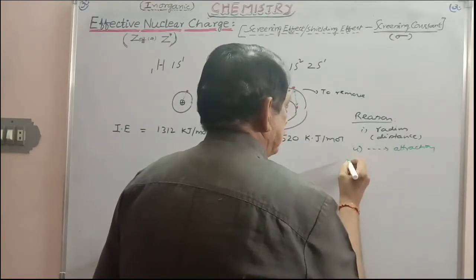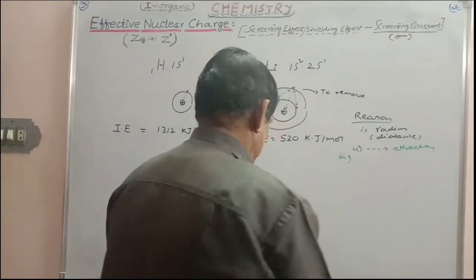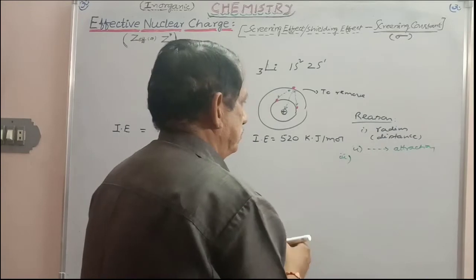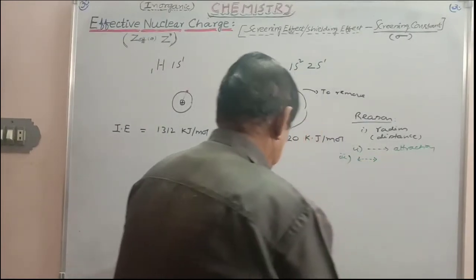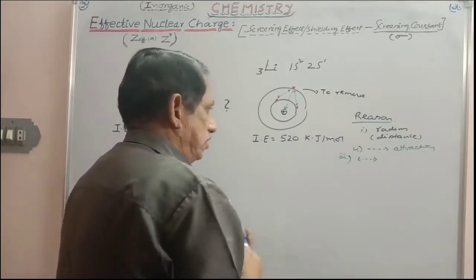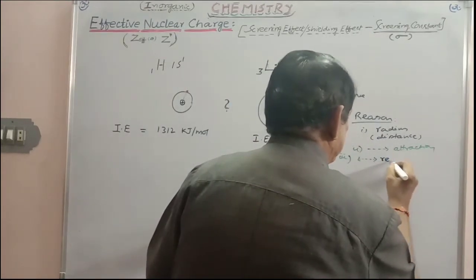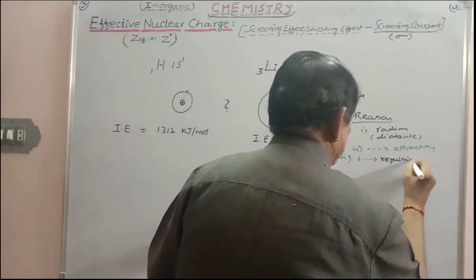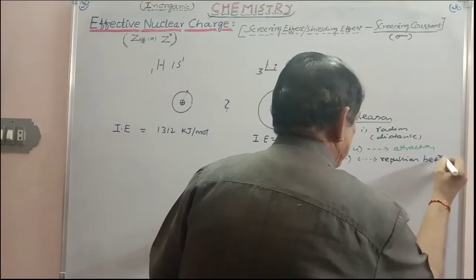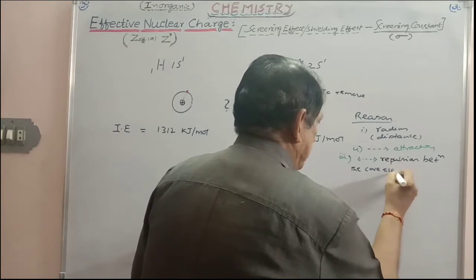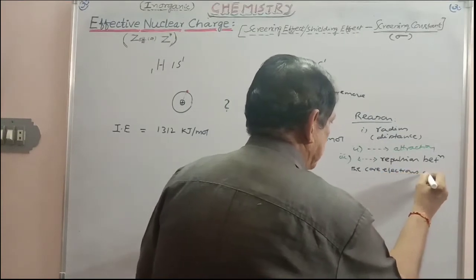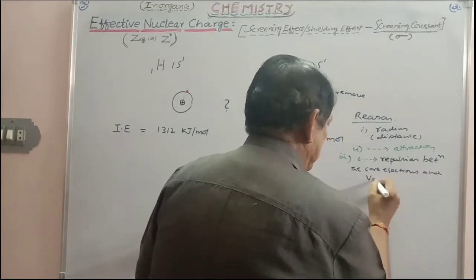And the third one, repulsion, indicated like this, is the repulsion between the core electrons, that means inner electrons, and the valence electron.